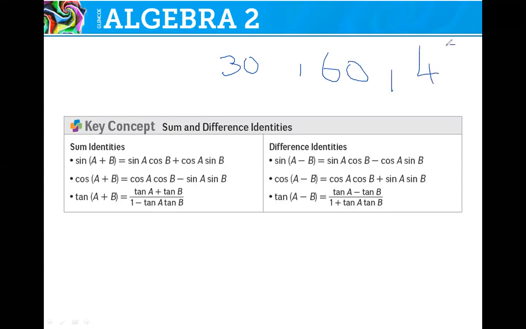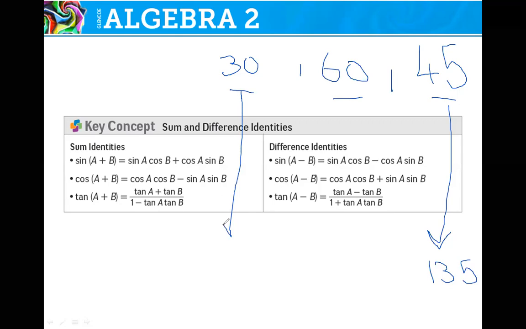We always relate the given angles to one or two of these angles. 45 in the second quadrant will be 135, for example. 30 in the second quadrant will be 150 because 180 minus 30. 180 minus 60 in the second quadrant will be 120, and so on.